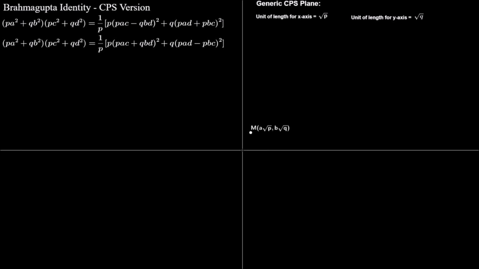The magnitudes of these two numbers are equal. Their arguments, or their orientation, are given by the sum, respectively the difference, of the arguments of the initial two numbers. These numbers belong to the CPS lines associated with these CPS points.